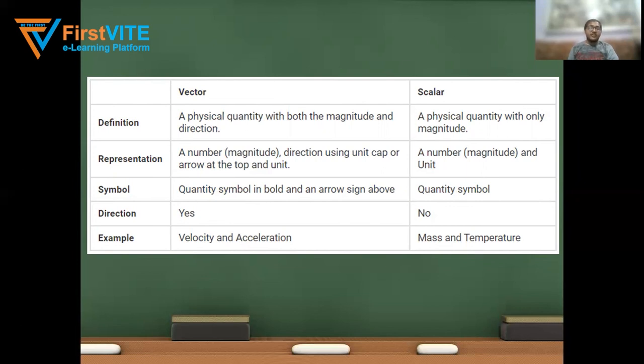The direction in a vector is present, but the presence of direction in a scalar quantity is no, because it only consists of a magnitude, while a vector quantity consists of both direction and magnitude. The examples for vector quantities are velocity and acceleration, but the examples for scalar quantities are mass and temperature.